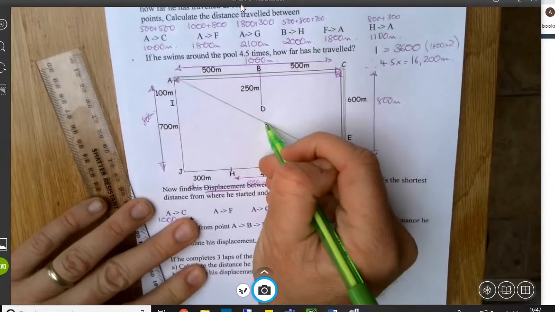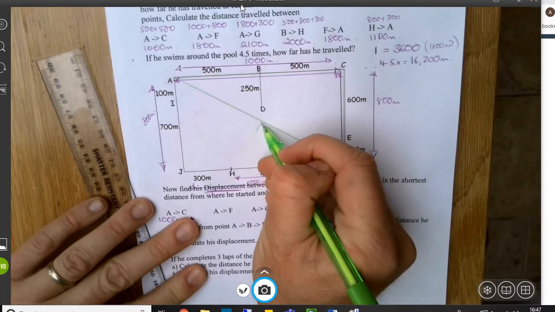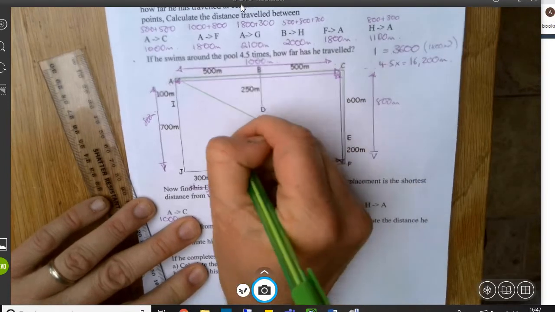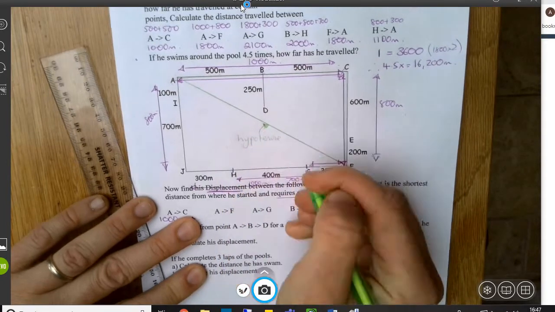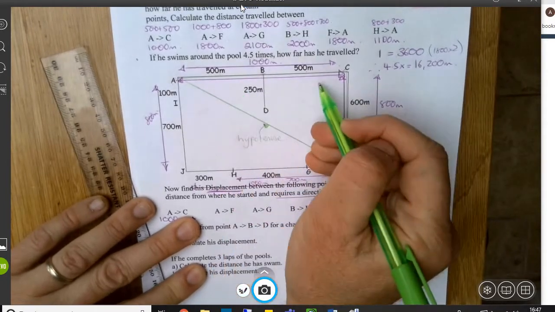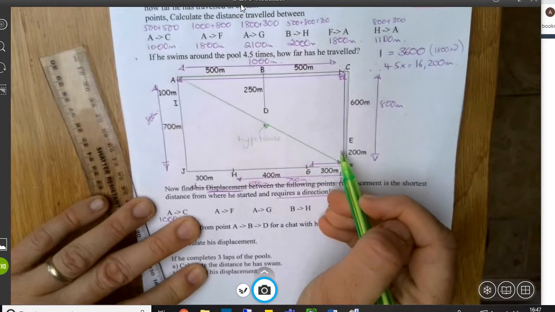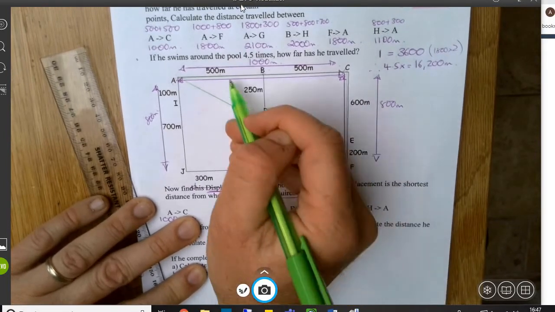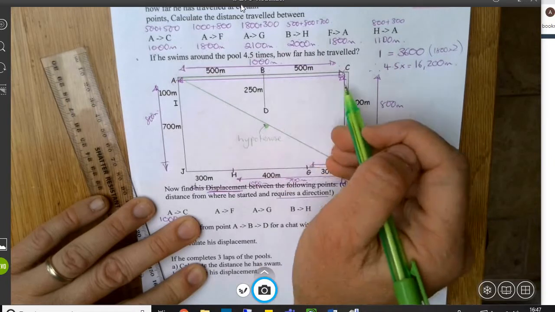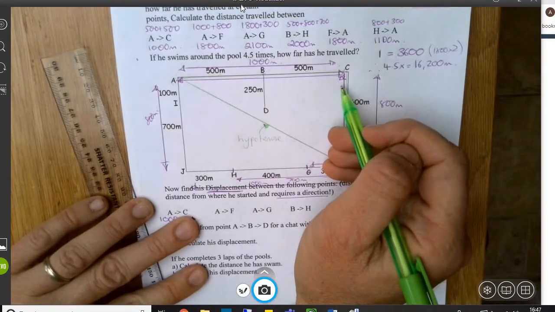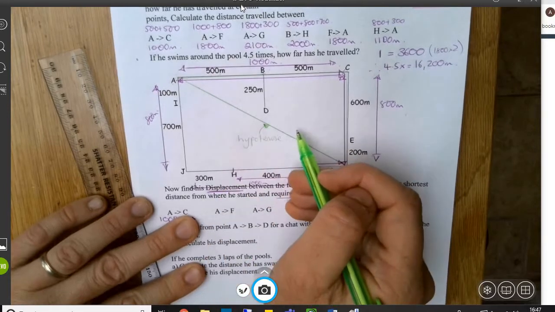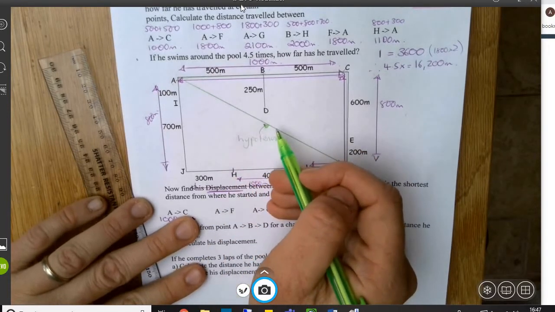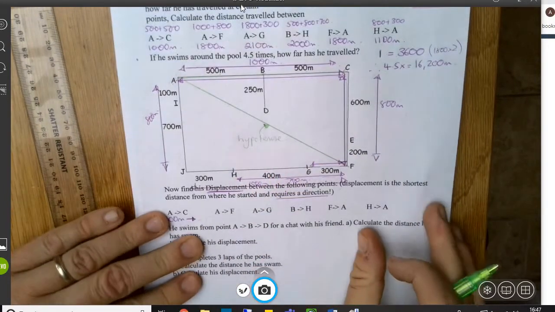This is the hypotenuse, and the square of this is equal to the sum of the squares of these. But we don't want to know the sum of this, we want to know the actual number. So when we get that number, we will need to square root that number. So let's work through it carefully.